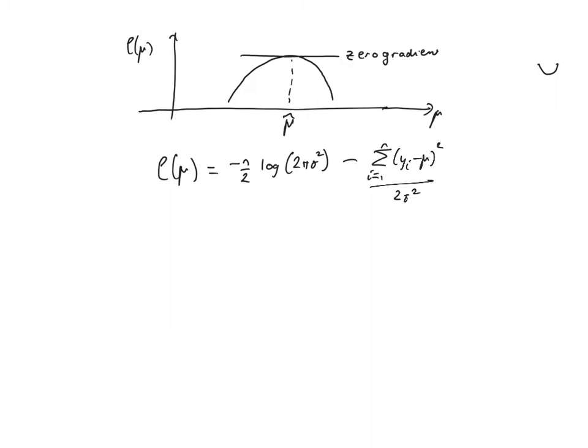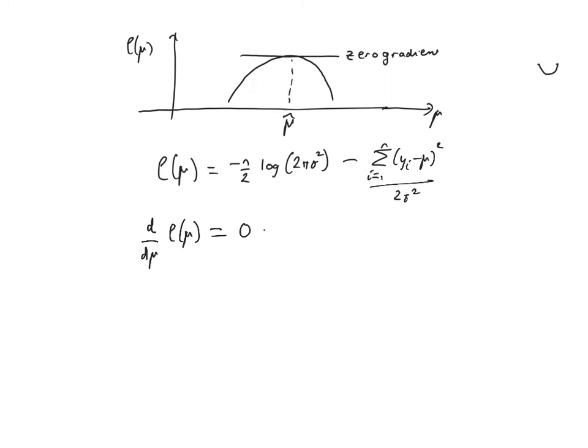Now, I'm going to differentiate this with respect to mu. So I'm going to work out d by d mu of this log likelihood term. Now, the first term is constant with respect to mu. So when I differentiate a constant, I get 0.